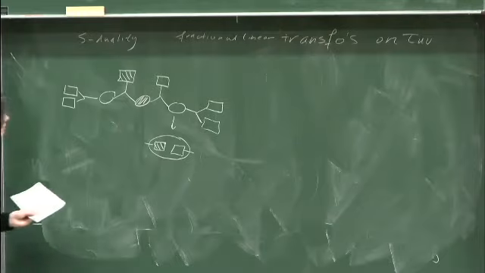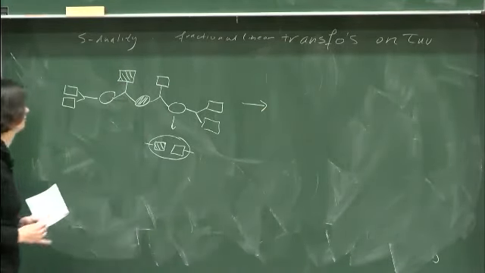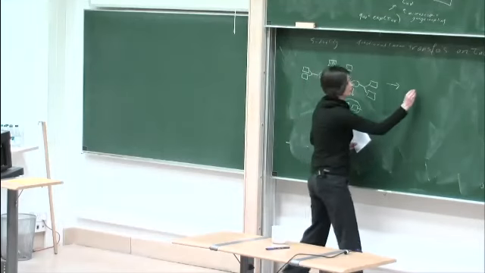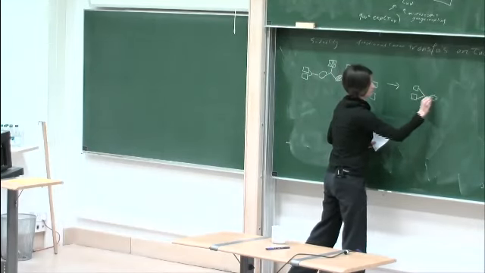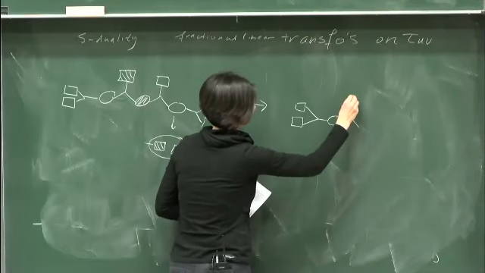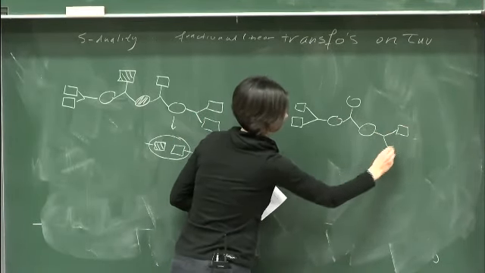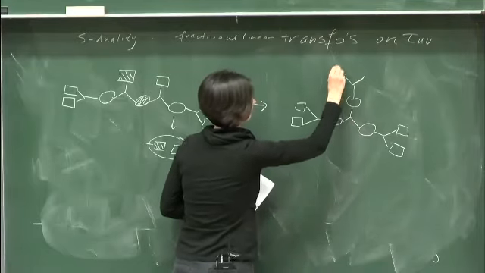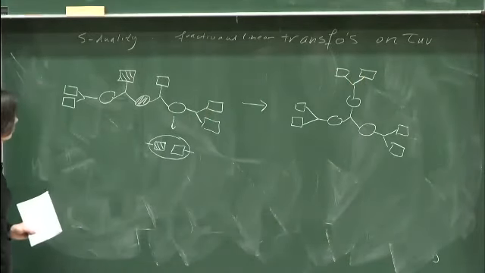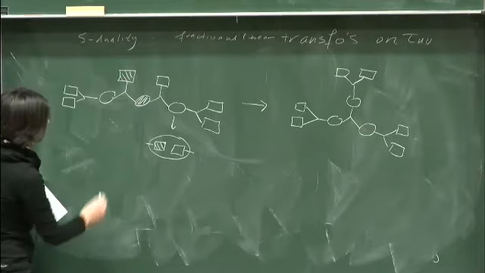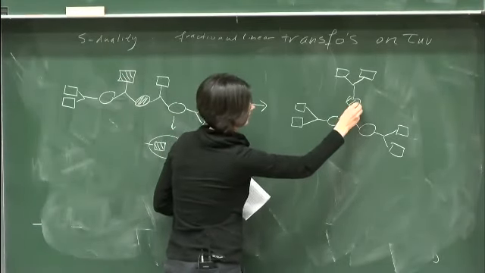If I then look at the resulting quiver that I get, I get a quiver of this form, where this node and this node come together in this gauge group.